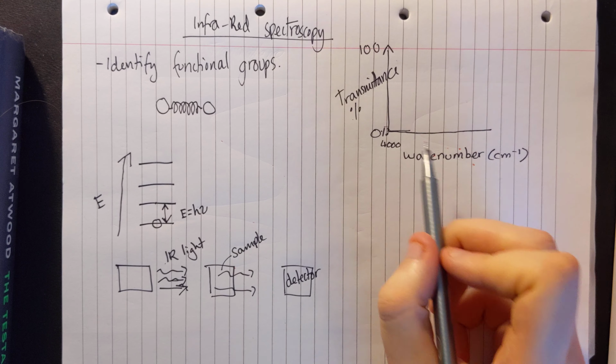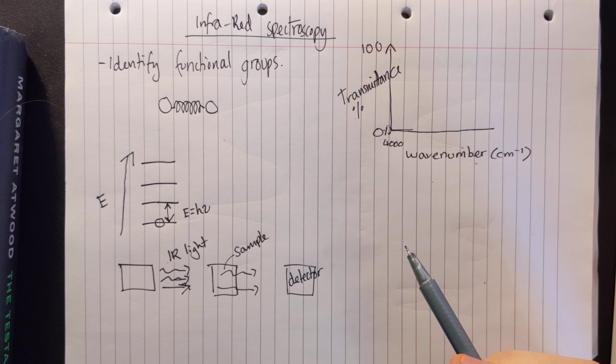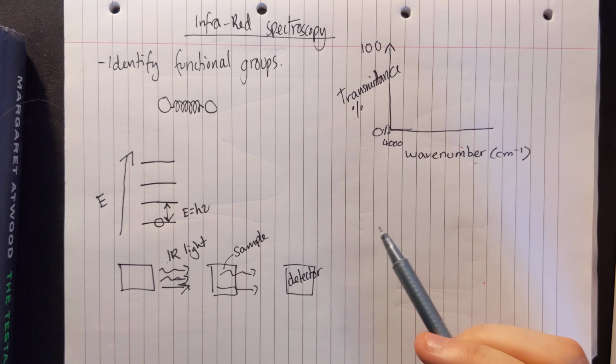Now, for infrared, we're going to take a look at the key peaks. This is the way that you're going to be able to interpret infrared spectra effectively. If you look at the data table on the sheet that you get with your periodic table, you can see this huge long list of wave numbers corresponding to different functional groups.